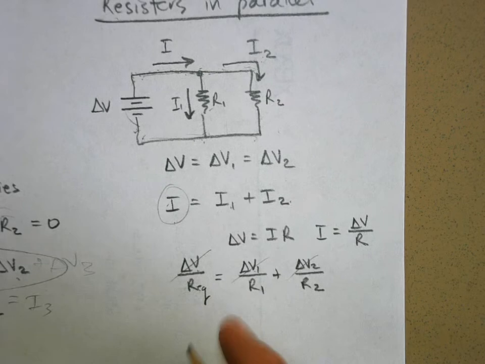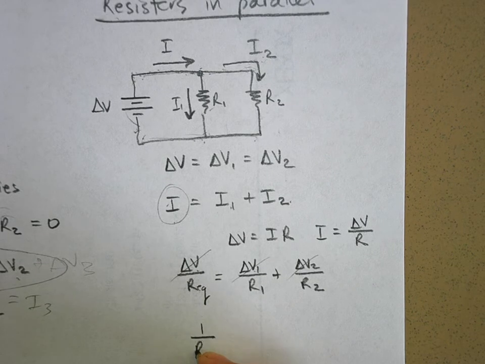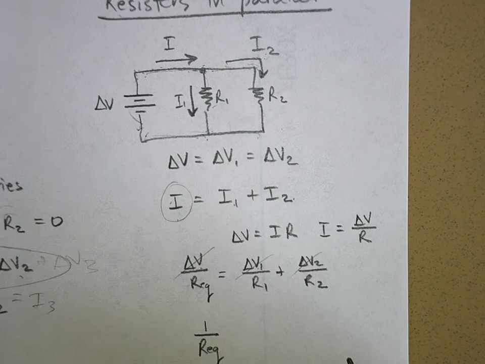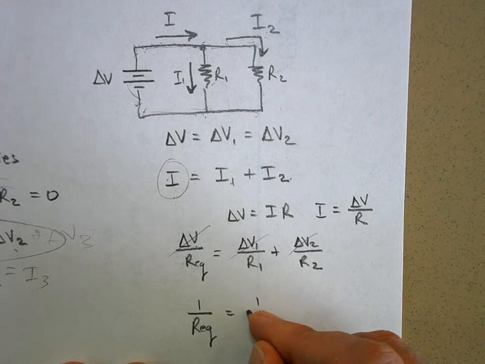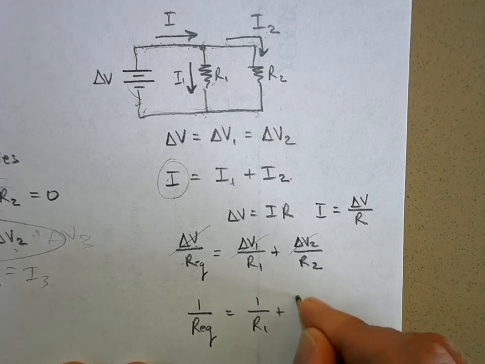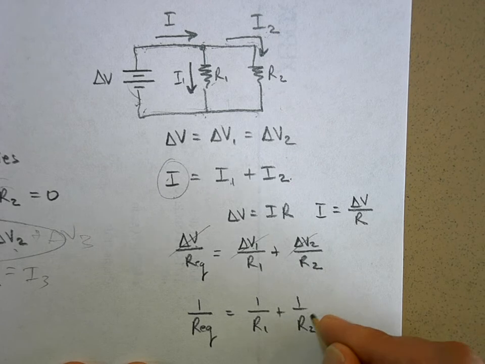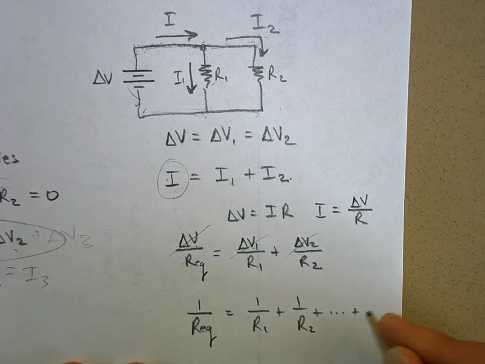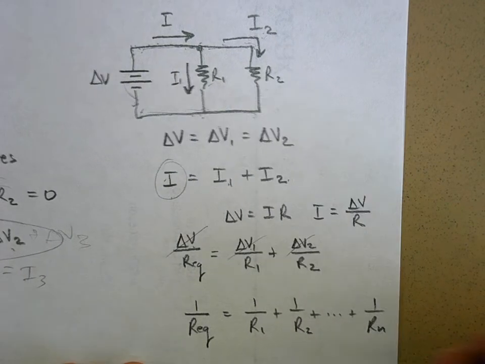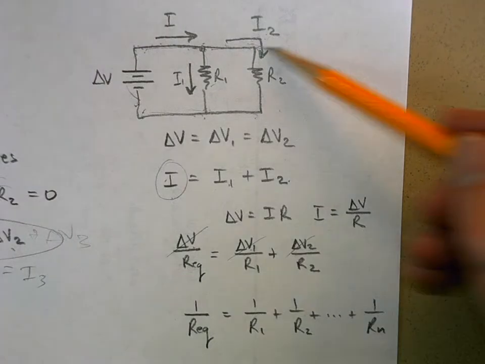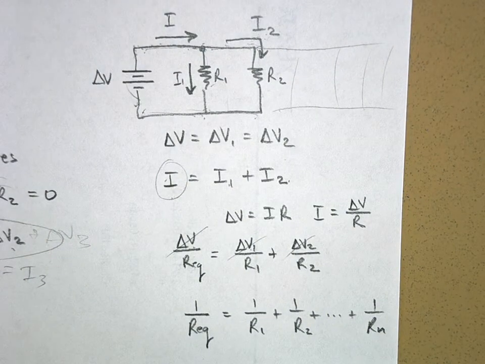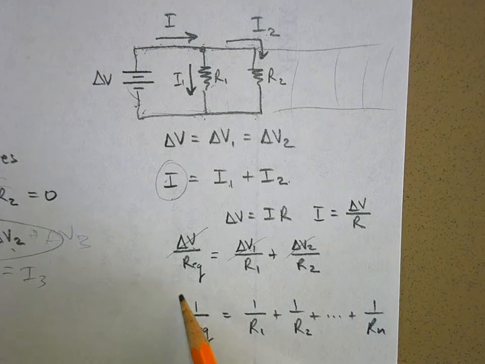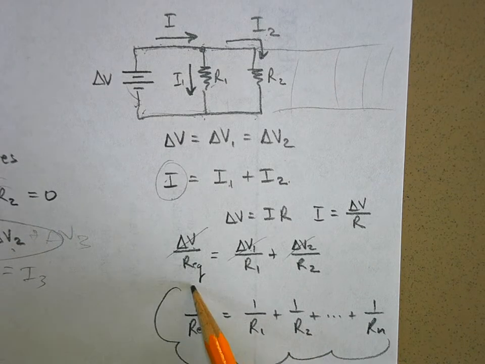And so you're left with this equation. 1 over the equivalent, or the total resistance for the circuit, is equal to 1 over R1 plus 1 over R2 plus plus 1 over Rn. I could have a whole bunch of resistors in parallel here. And this is what you use.